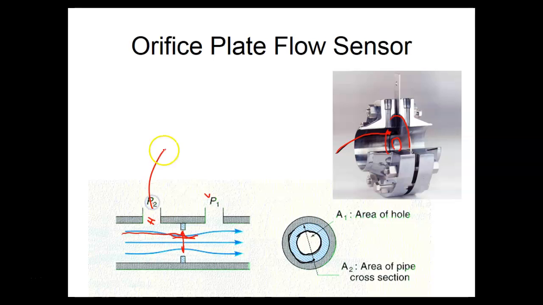Then our actual sensor would be here, and it would look at the pressure differential, which would be proportional to the rate of flow. Let's rephrase that: it would be proportional to the rate of flow.